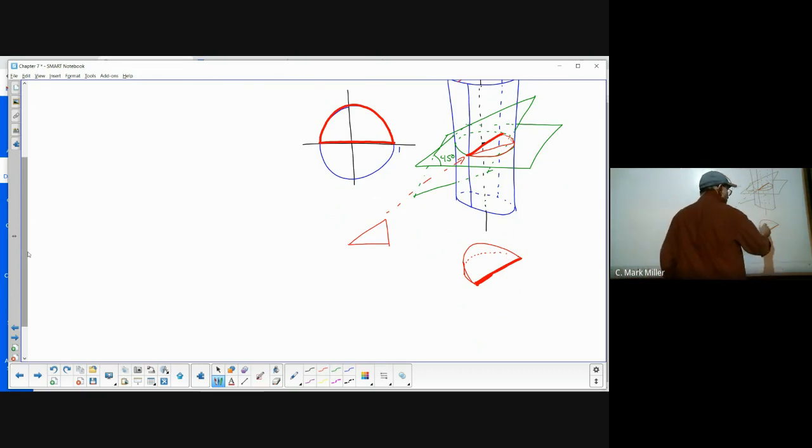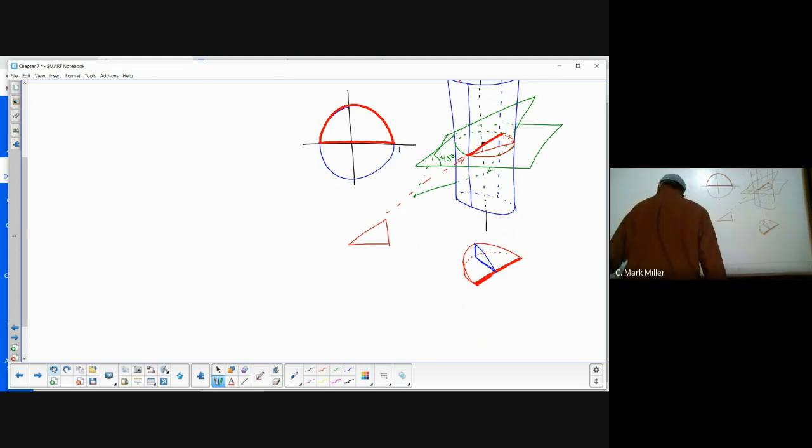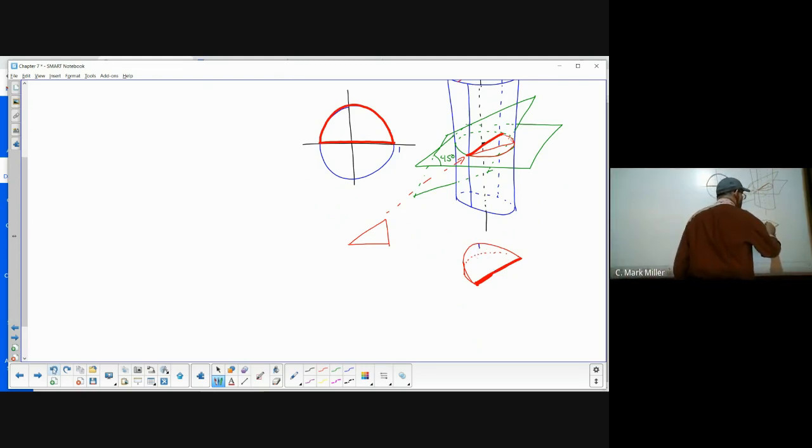A cross section of this would be a triangle. That would be a cross section. And there is a right angle. That would be my triangle.